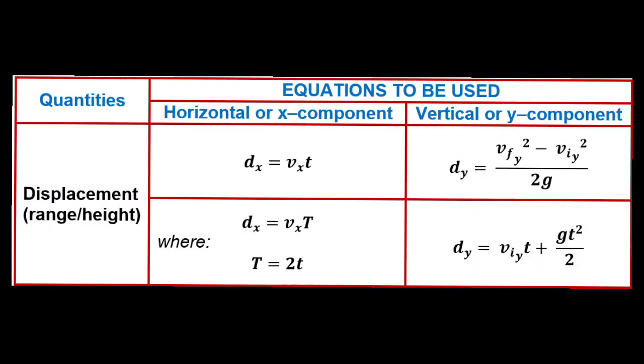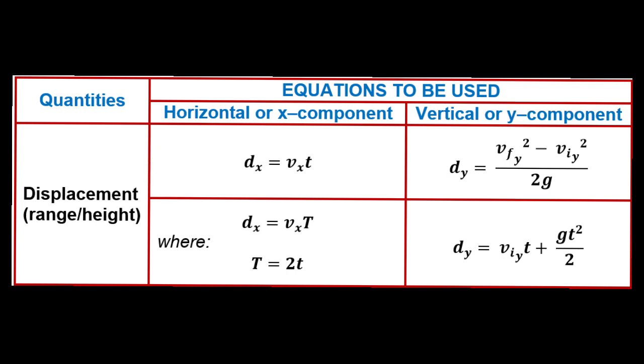To solve for the horizontal displacement, these are the formulas. dx is equal to Vx times small letter t. We need to emphasize small letter t here because it is equal to the time it took for the projectile to move from the lowest position to the highest position of the trajectory, or it is half of the time taken by the projectile to cover the whole range in a complete parabola.